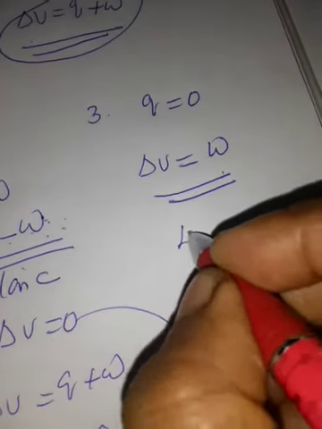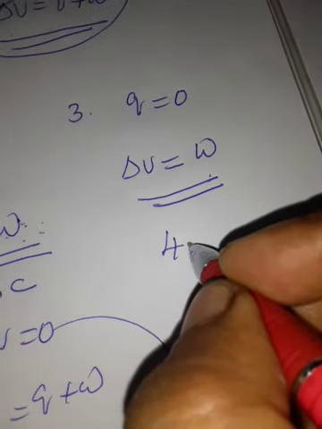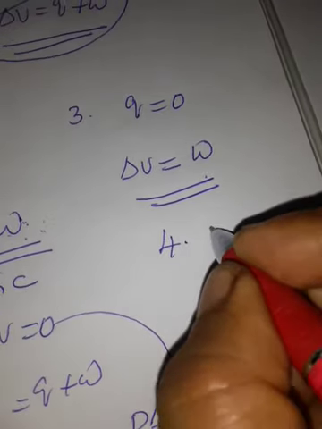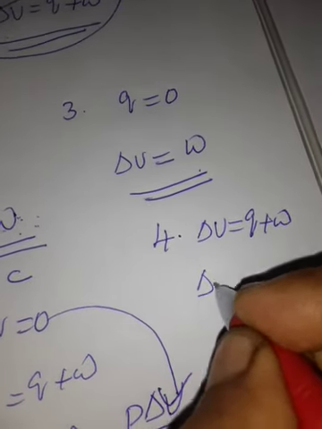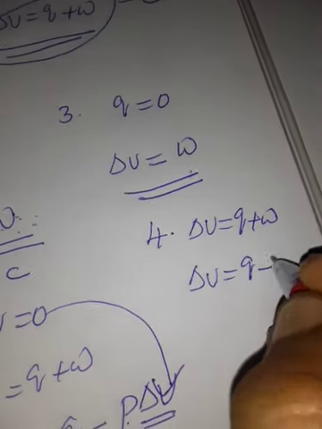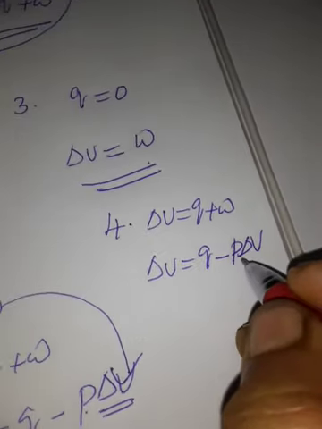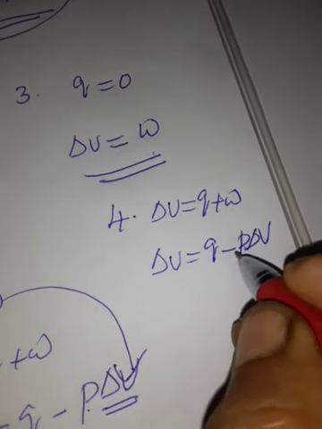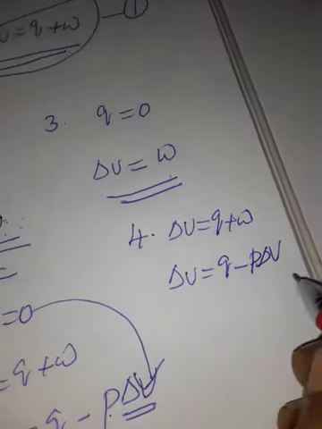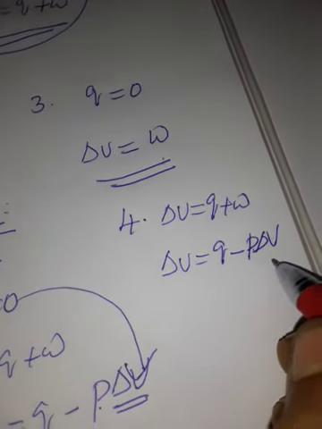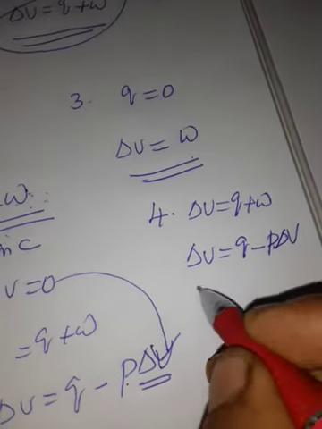Case 4: for an isobaric process, isobaric means no change in pressure, del U is equal to Q plus W, so del U is equal to Q minus P del V. In other words, in an isobaric process, a part of the heat absorbed by the system is used for PV expansion and the remaining is added to the internal energy of the system.